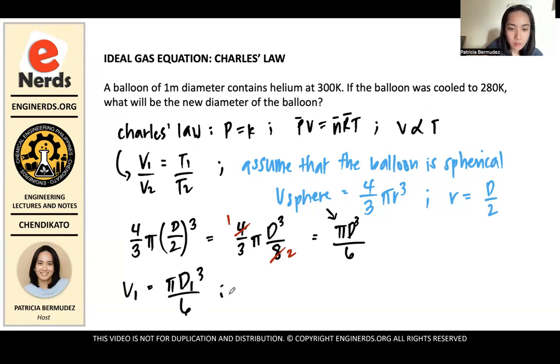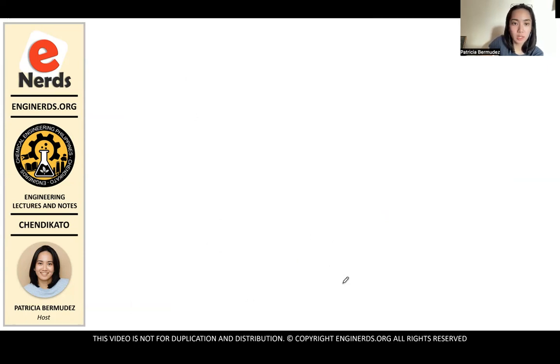And then V2 is pi D2 cubed over 6. And from this equation, ang kailangan nating maging subject ay yung V2, kasi ang hinahanap sa atin ay D2. Okay? So we know that V1 over V2 is equal to T1 over T2, right?